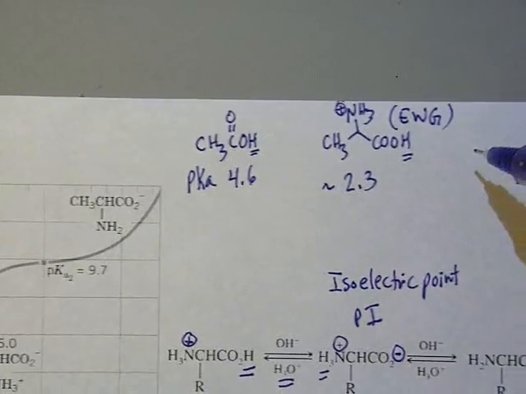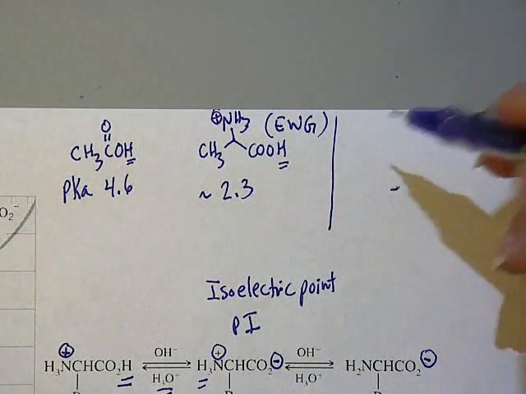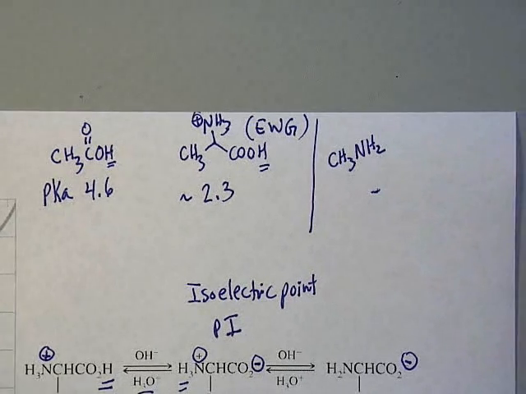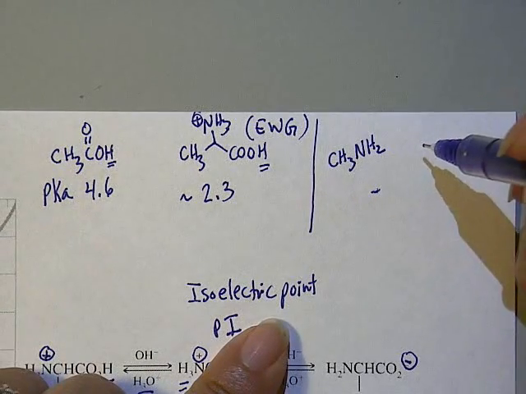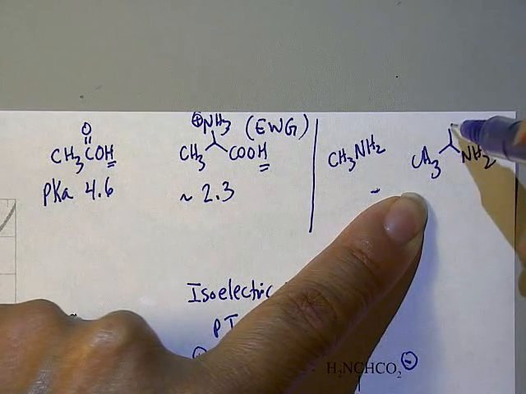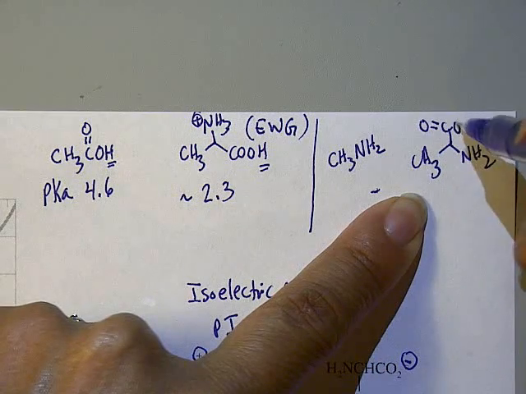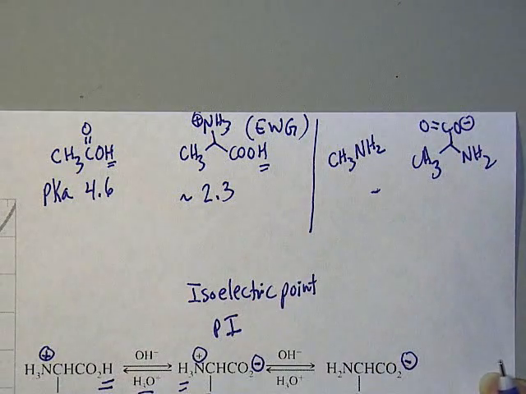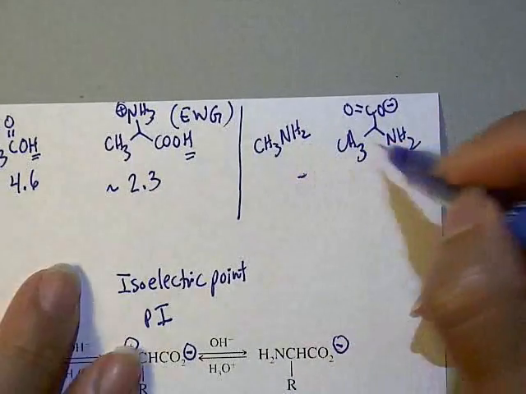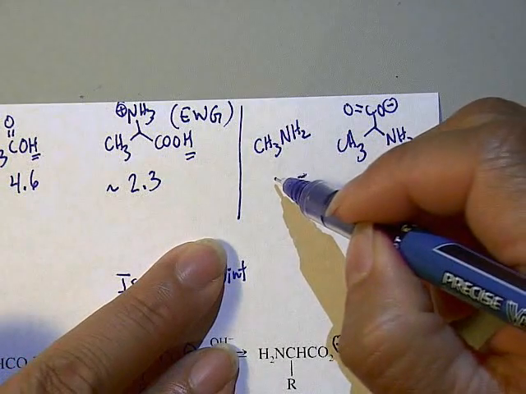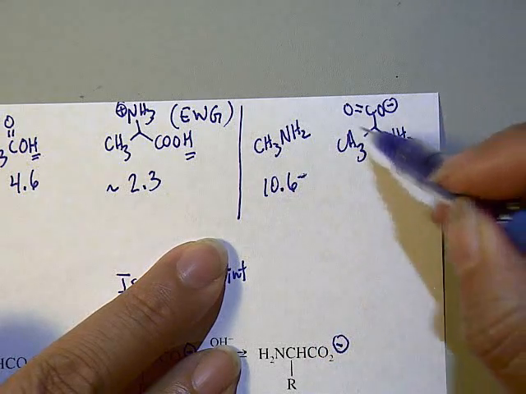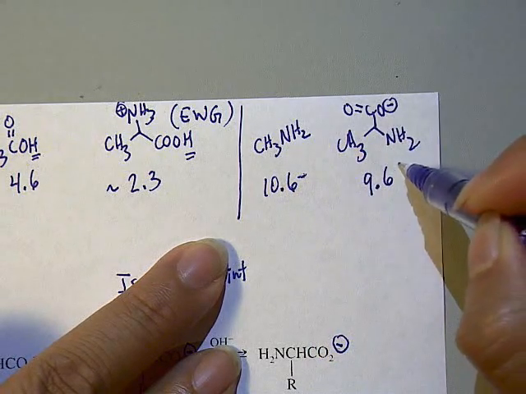And the flip side of that is if we look at just a regular amine versus the amine of the amino acid, so we're looking at this form now. If you look at the basicity of these two, the pKa of the regular amine is 10.6, whereas this amine is 9.69.